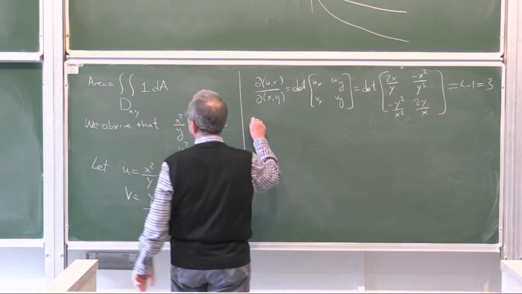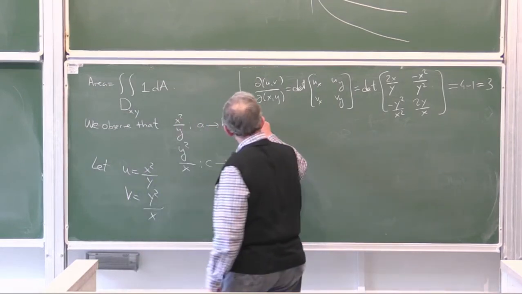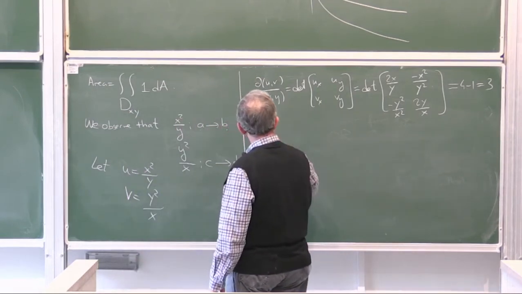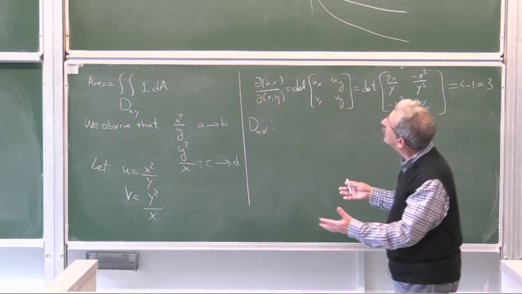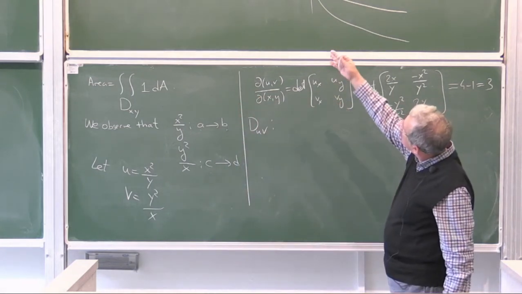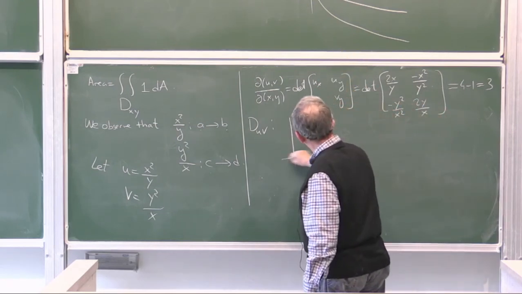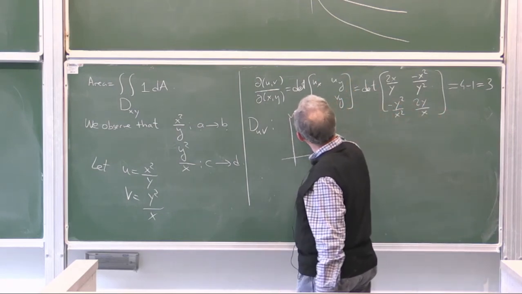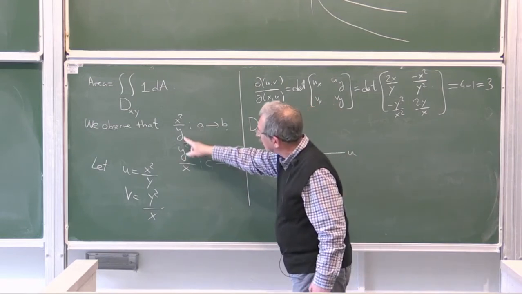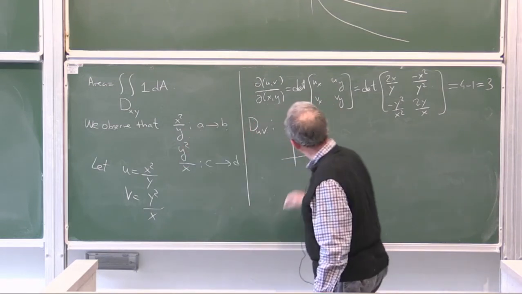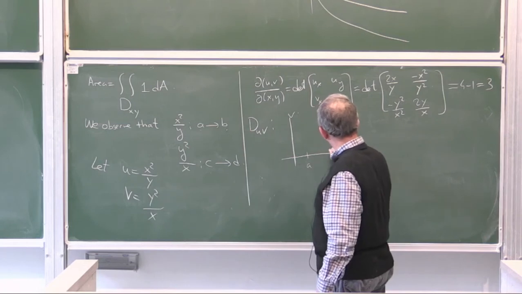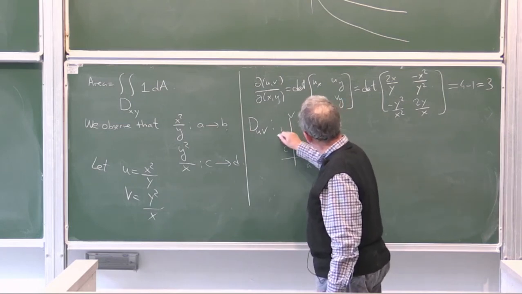So then, the second thing is to determine D_uv. What happens to our region? Well, as I said, and which is clear from the conditions, it is just in the uv system. As I said here, this was my u. u changed from a to b, and this changed from c to d.